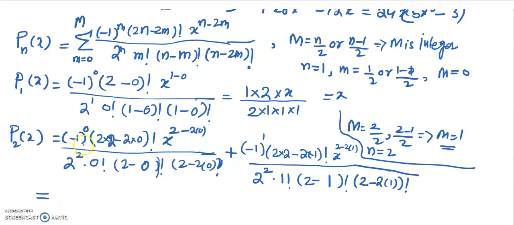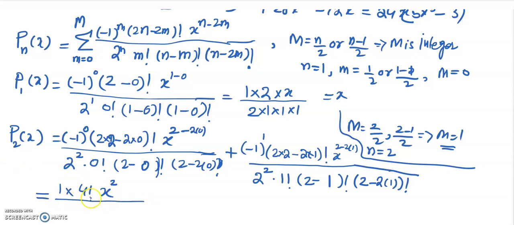So minus 1 power 0 is 1, then this will be 4 factorial, and then it will be x power 2, x power n minus 2m, which is n was 2, m was 0, so x power 2.